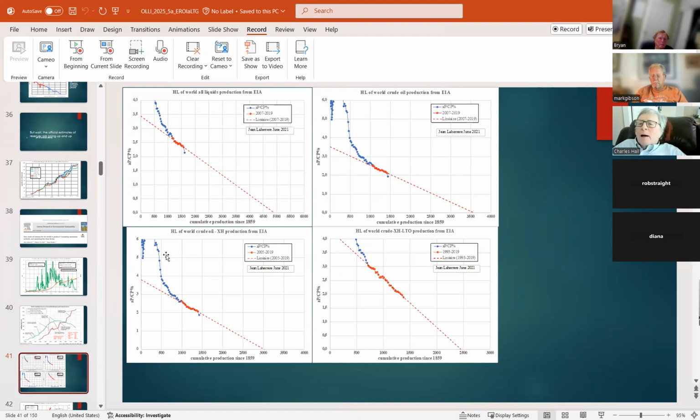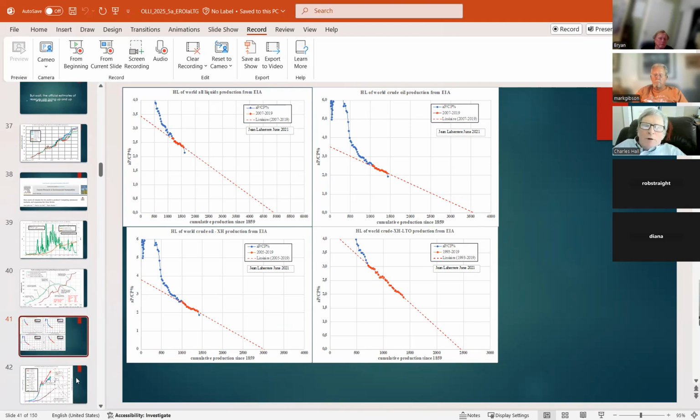And then we add in, I've got to remember how I did this, a correction for how much fracked oil there is likely to be. And this is a correction for how much heavy oil, like in Canada, there's going to be.